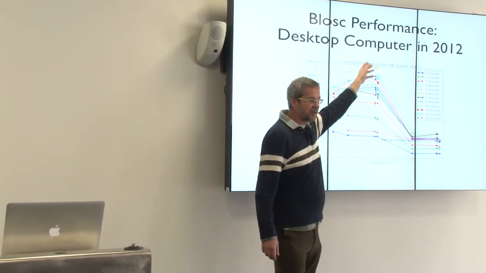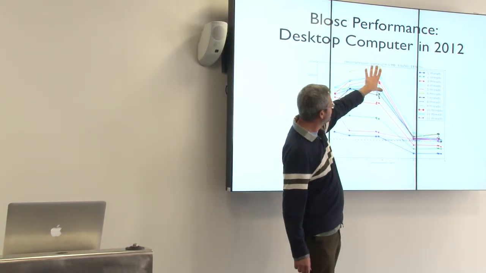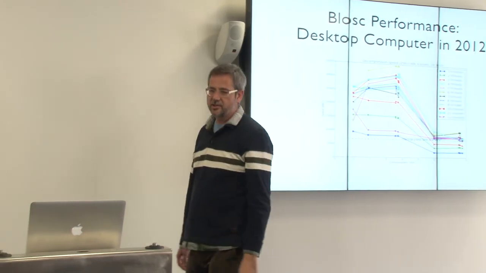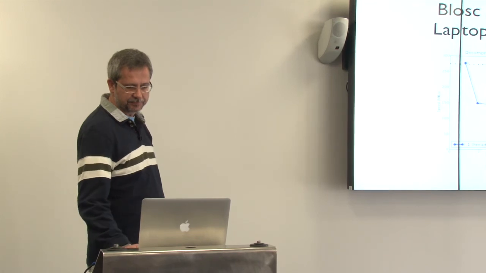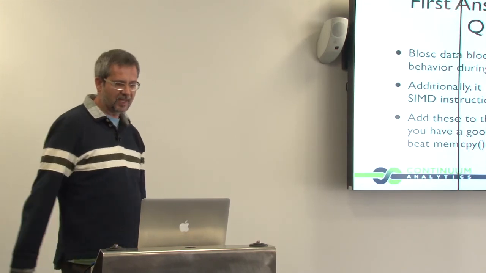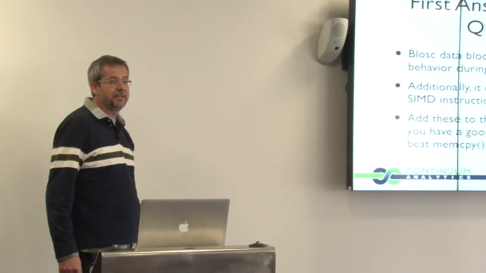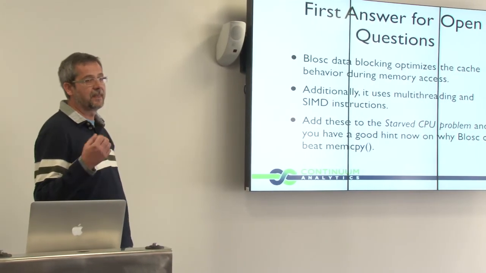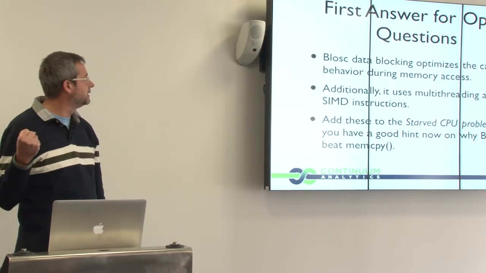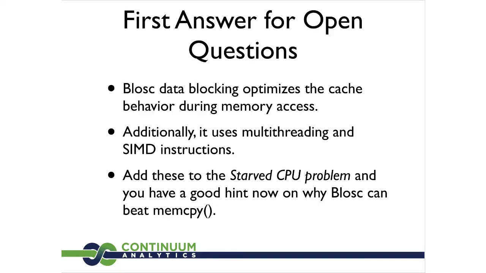These speeds, the difference between memcpy and Blosc, the compression speed, are going to improve with time. So I think we already have some hints for answering the first question: why can Blosc be faster than memcpy? Well, we have seen that Blosc data blocking optimizes the cache behavior during memory access.